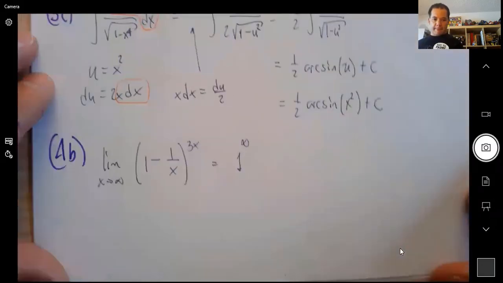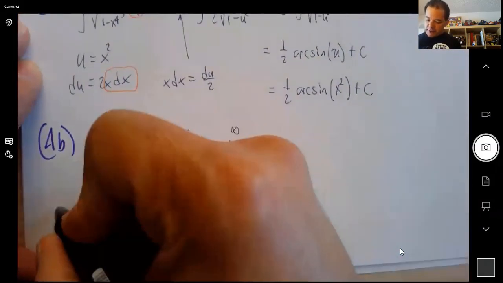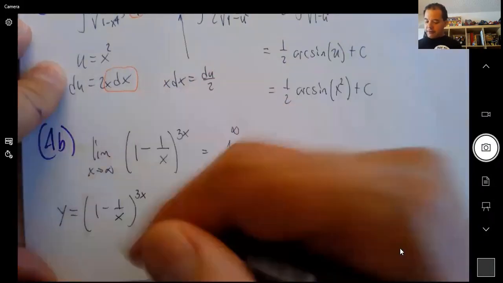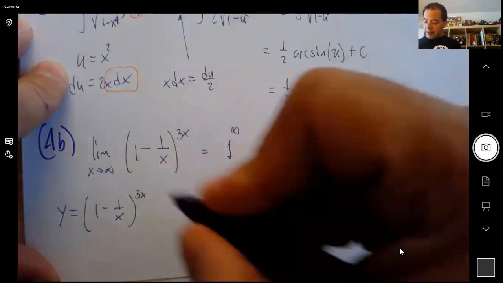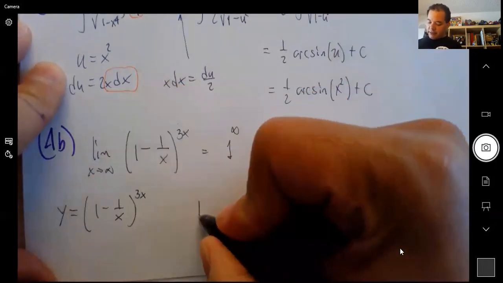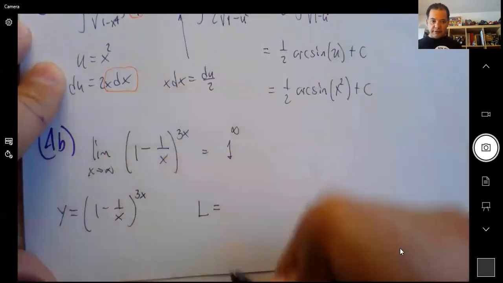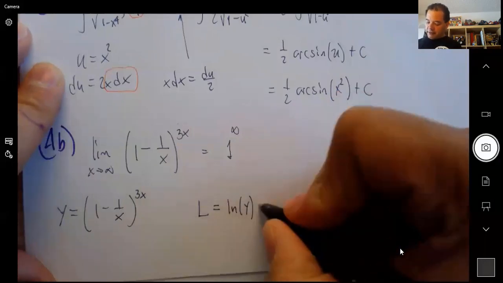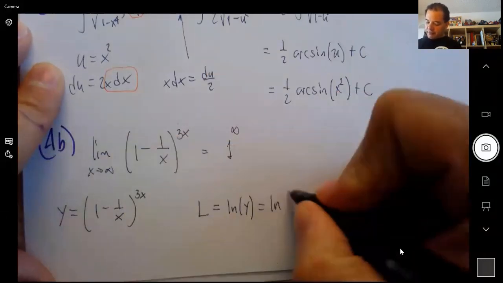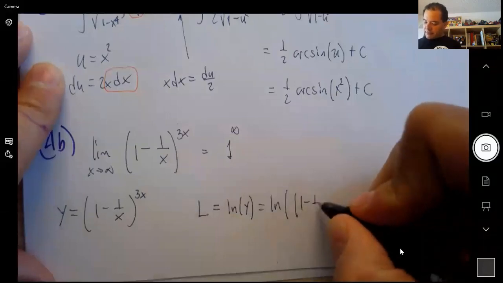We call that y. So we call this expression y. And L, traditionally the letter we use, is really ln of y. So ln of this. You can bypass the y if you want.